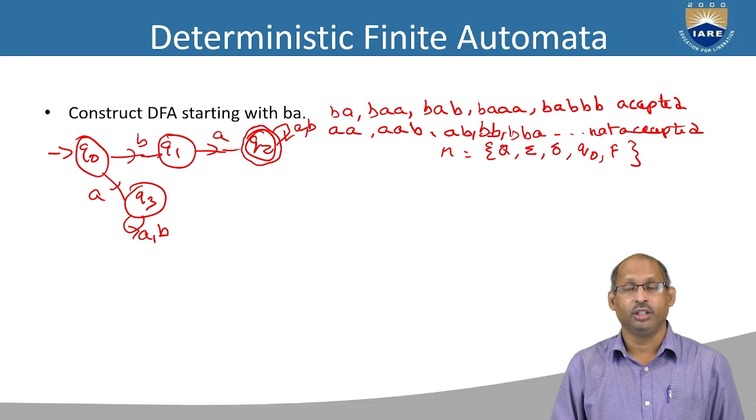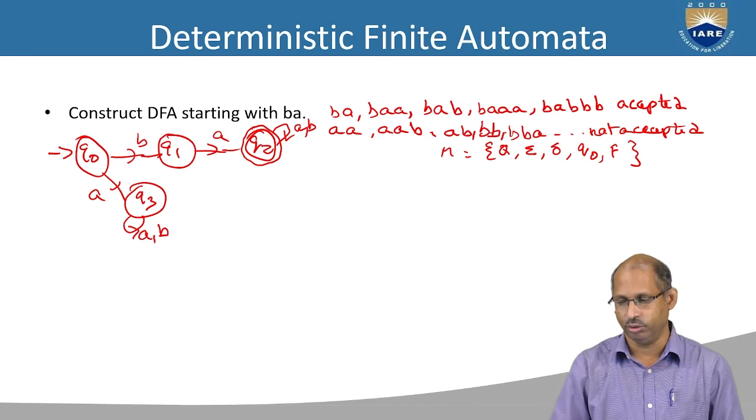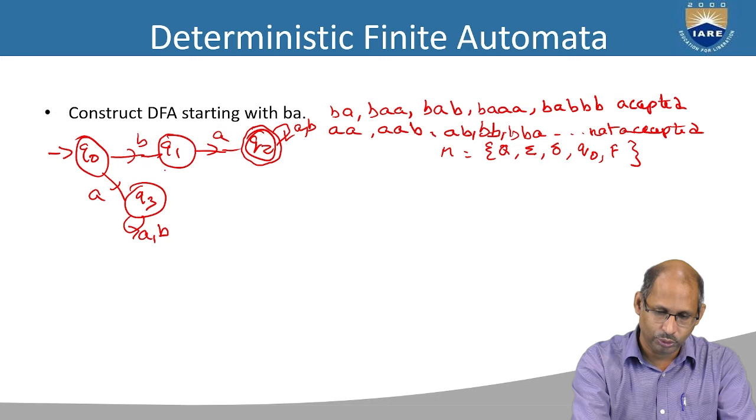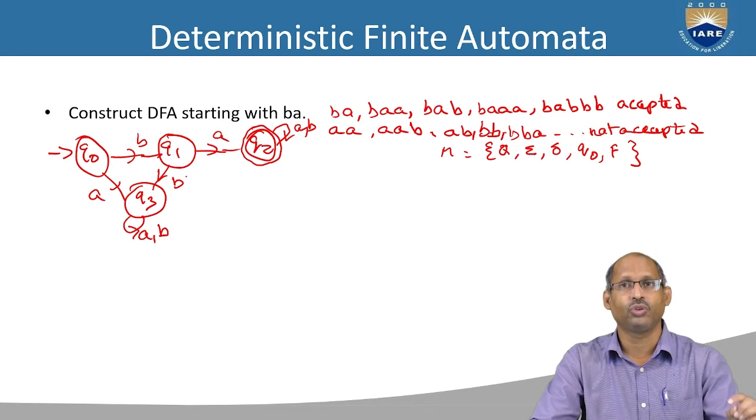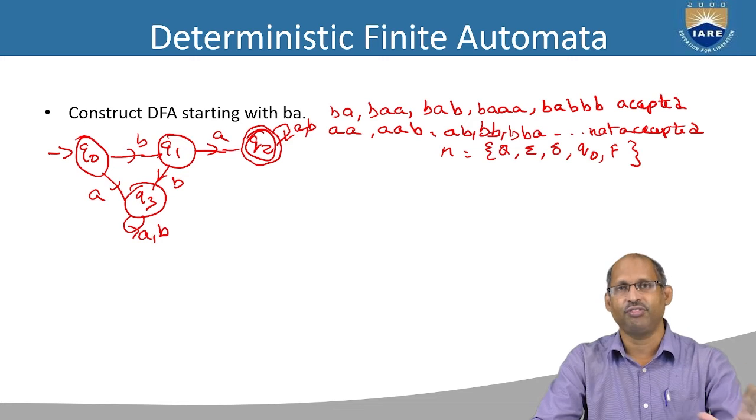Okay, that is over. Q0 on B and Q0 on A we discussed. Then the Q1 state. Q1 on A goes to Q2. But Q1 on B, where does it have to go? Q1 on B goes to the Q3 state, a non-final state.